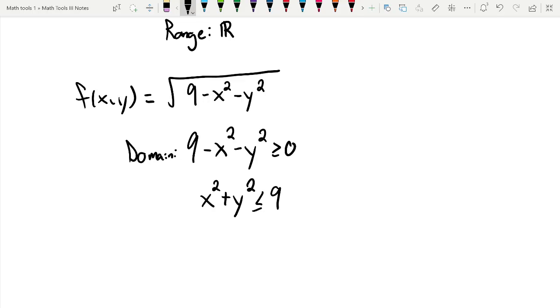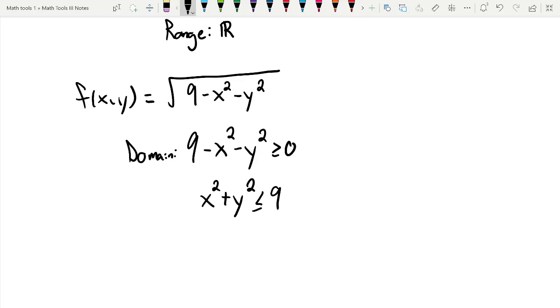Specifically, if it was equal, this would be a circle centered at the origin with radius 3. Okay. And because this is less than or equal to, this is the inside of that circle with a radius of 3 centered at the origin.